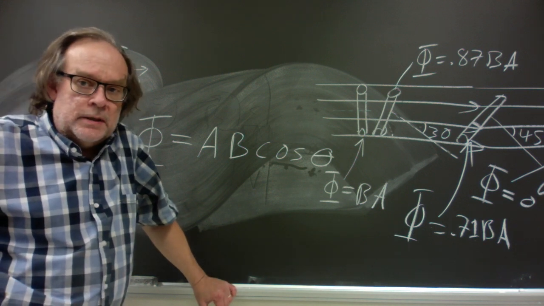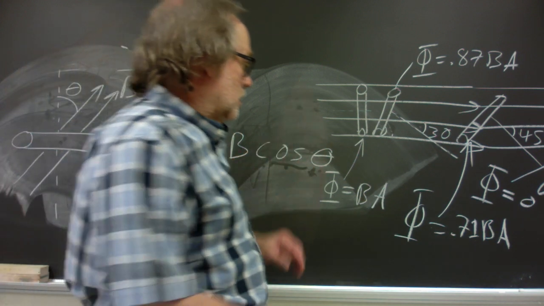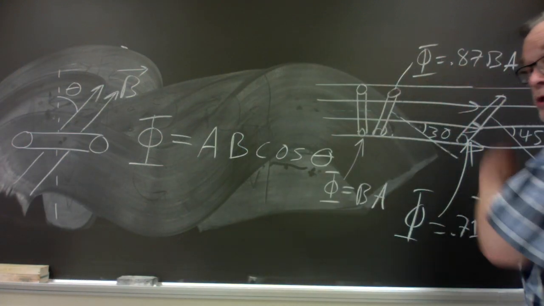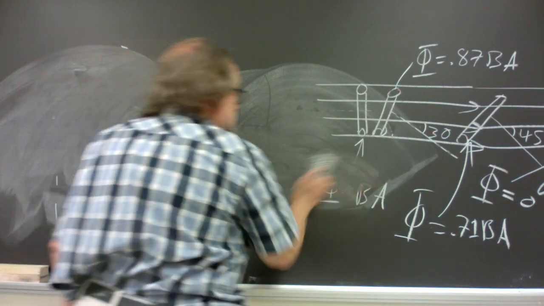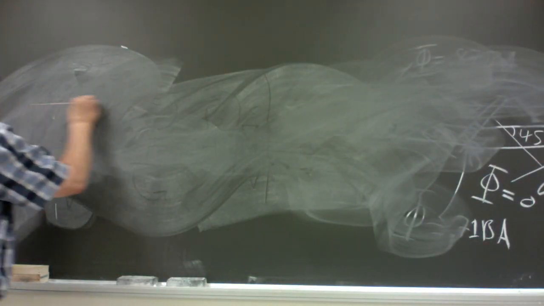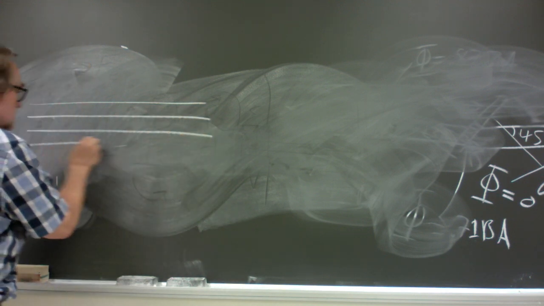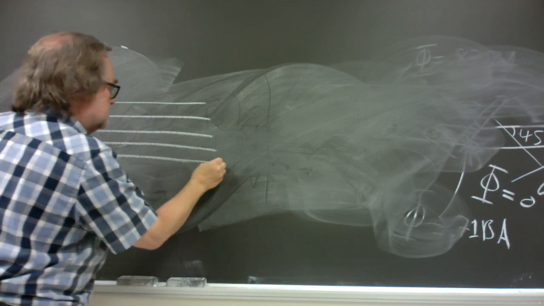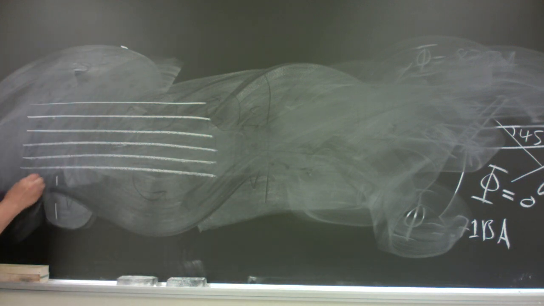That suggests a simple way of thinking about flux, so let me redraw this picture to illustrate that simpler way. So here's a bunch of field lines. And here's the original orientation of the loop.